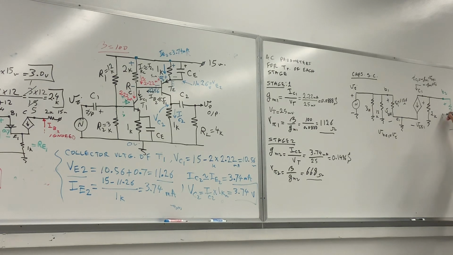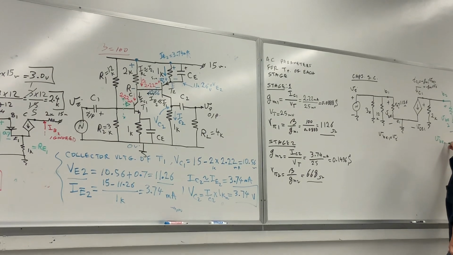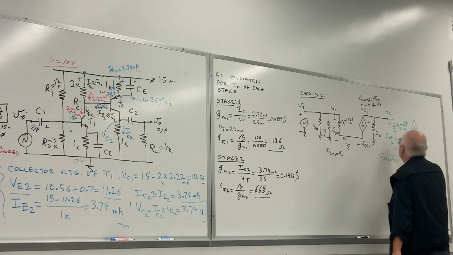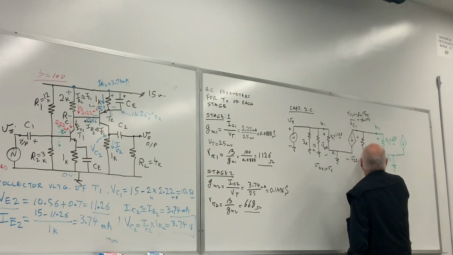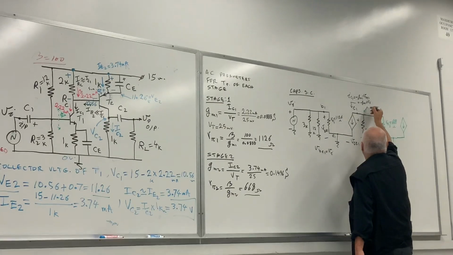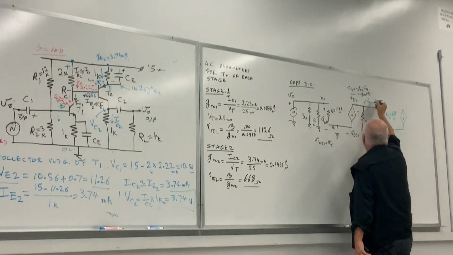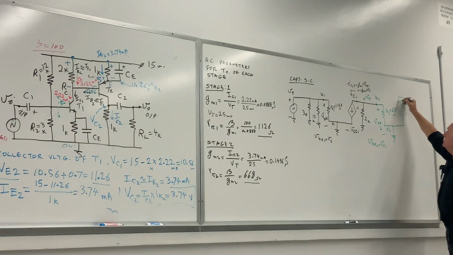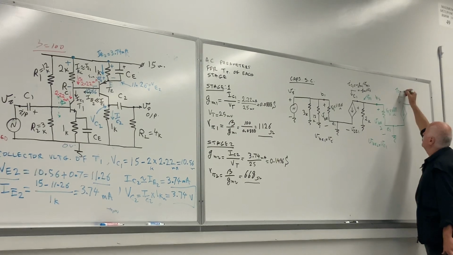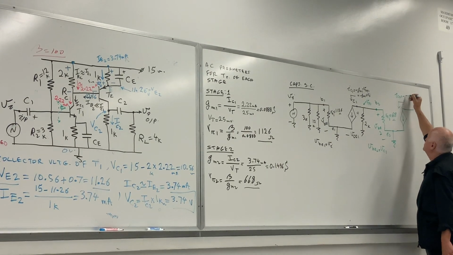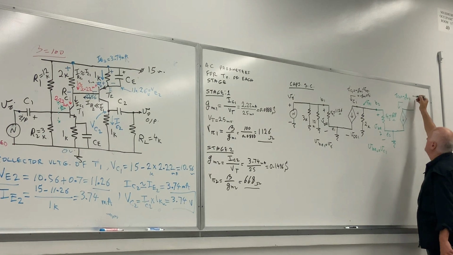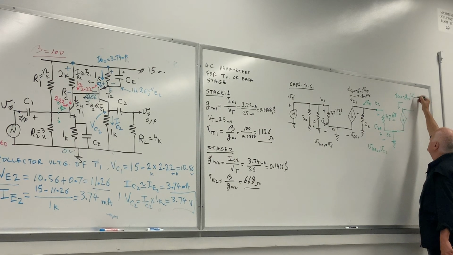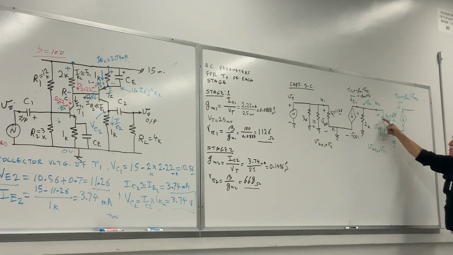This is VBE of 2. But VBE of 2, notice, is equal to VCE1, because that point is VC of 1. Then you have that current, IC of 2, is equal to minus gm of 2 multiplied by VBE of 2 of the second stage, which is this voltage.